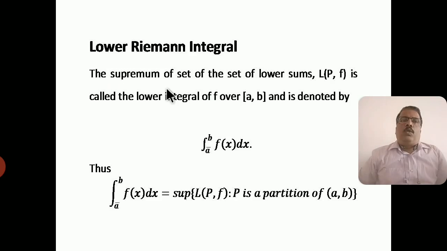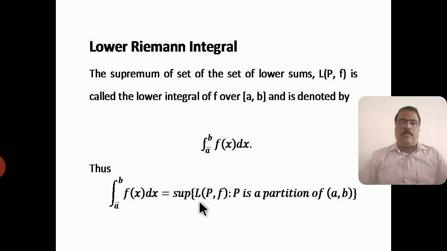So the lower Riemann integral is the least upper bound of the set of lower sums. Okay, so it is called the lower Riemann integral. Therefore the lower Riemann integral from a bar to b f(x) dx is equal to the supremum of all lower sums L(P,f), where P is a partition of [a,b].